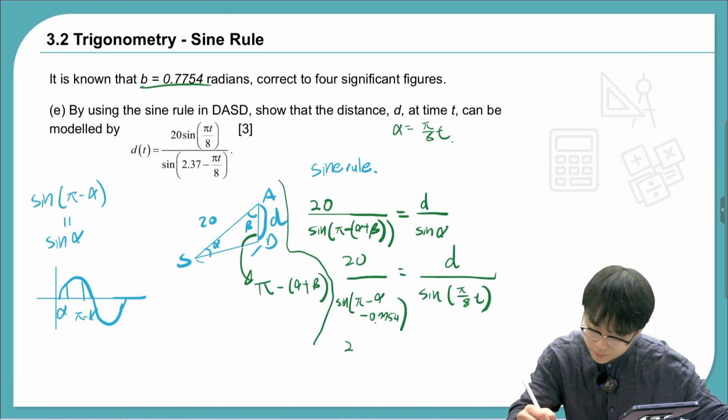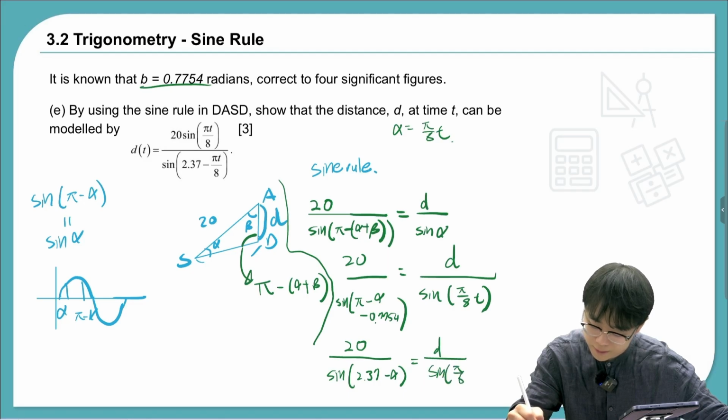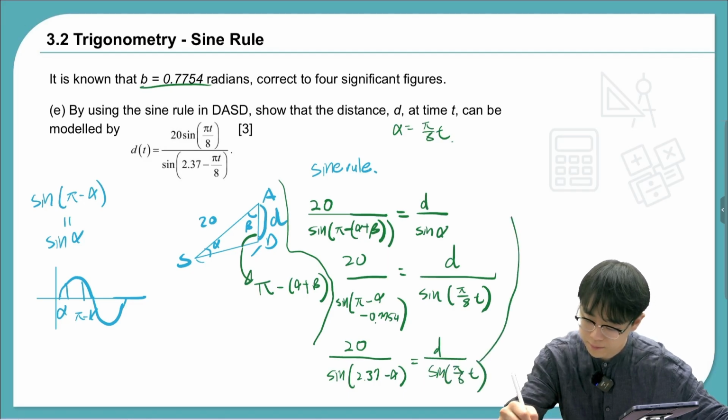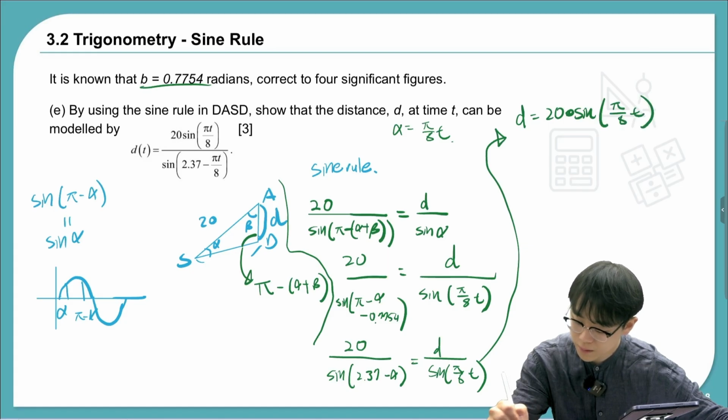Okay, so rewriting this, this is 20 over sine(2.366 or 2.37 minus alpha) equals d over sine(pi over 8 t). So rearranging everything, we should get d is going to be 20 times sine(pi over 8 t) all over sine(2.37 minus alpha).